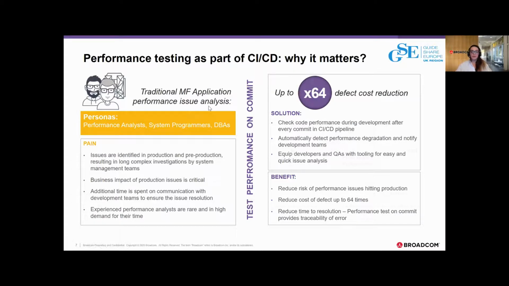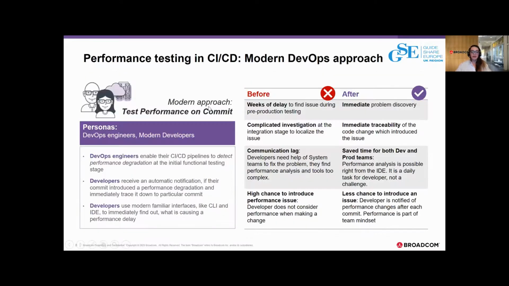So let's progress here and talk a little more about the personas who can make all this happen. Here we are talking about the engineers and architects from DevOps departments, who would include performance testing into the automatic pipelines, the automatic development process.